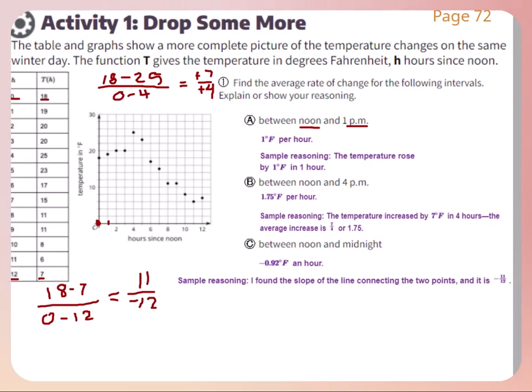So let me show you what I mean by that. Let me just go ahead and draw those lines. Okay, this is the one that we just did, between noon and 4, connecting these dots. Is that correct? Oops, I got to go up a little bit.